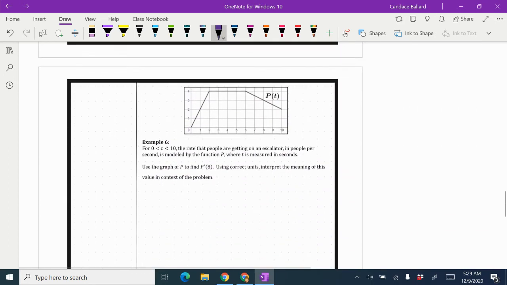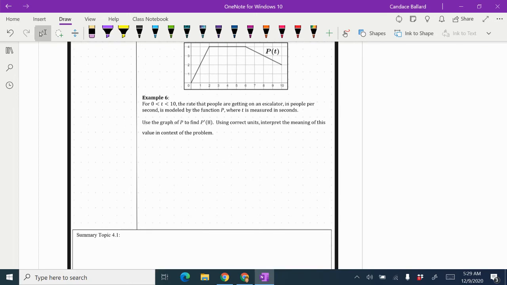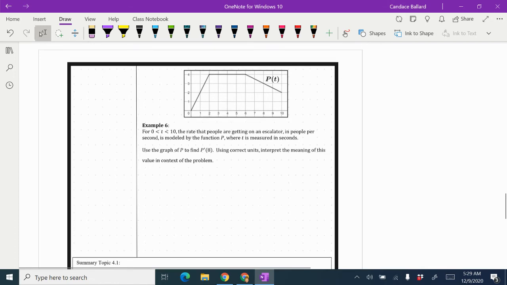All right, let's take a look at example 6. So for t between 0 and 10, the rate that people are getting on an escalator in people per second is modeled by the function p, where t is measured in seconds. Use the graph of p, so this is the graph of p, to find p prime of 8. Using correct units, interpret the meaning of this value in the context of the problem.